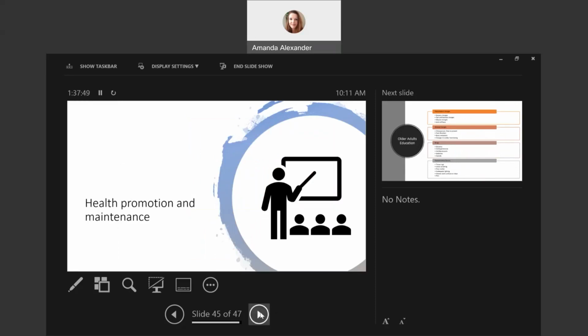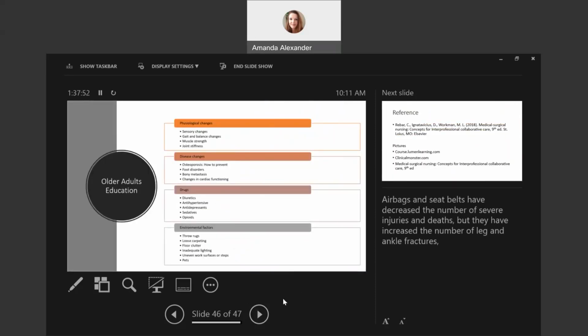Health promotion and maintenance. Some of the things that we're going to consider when we're treating our older adults, some of the education they need, are going to be our physiological changes. Really for them, it's going to play into a lot of their psychosocial stuff too. So we're going to look at their sensory perception, their gait, their balance, their muscle strength, and their joint stiffness.